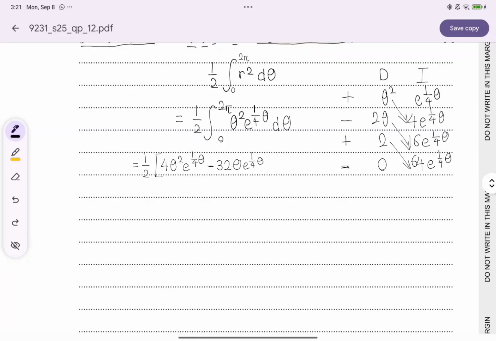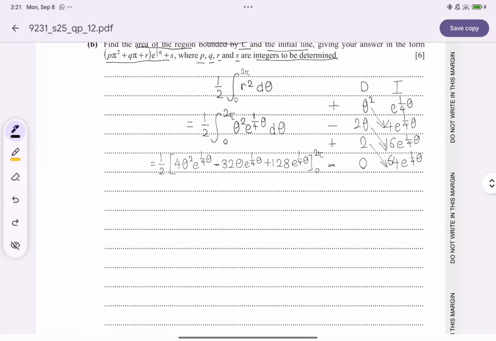Then plus 2 times 64 times e to the power of 1 over 4 theta, so that's 128 times e to the power of 1 over 4 theta, with respect to these limits.